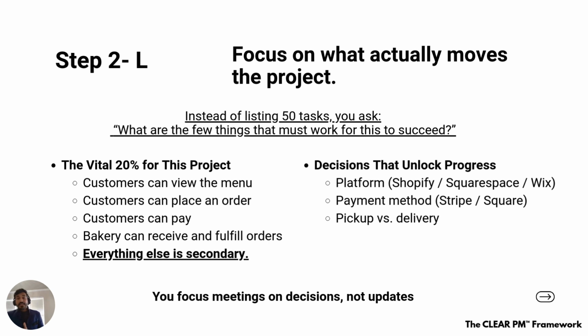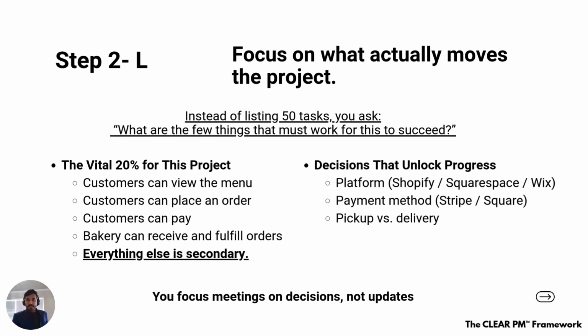So, decisions that unlock the process. What is my platform? Am I doing custom development, or using something like Shopify or Squarespace? What would be my payment method? Is Stripe easy to develop, or is Square faster to deliver, or maybe cheaper?